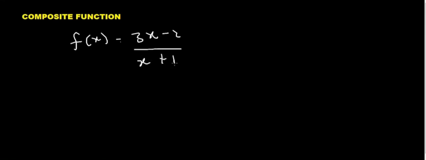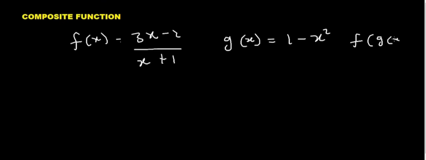Suppose we're given f(x) equals 3x minus 2 over x plus 1, and we're given g(x) equals 1 minus x squared, and you're asked to find f of g(x). How to solve this one is very simple, which means that whenever I see x, I'm going to put g(x).